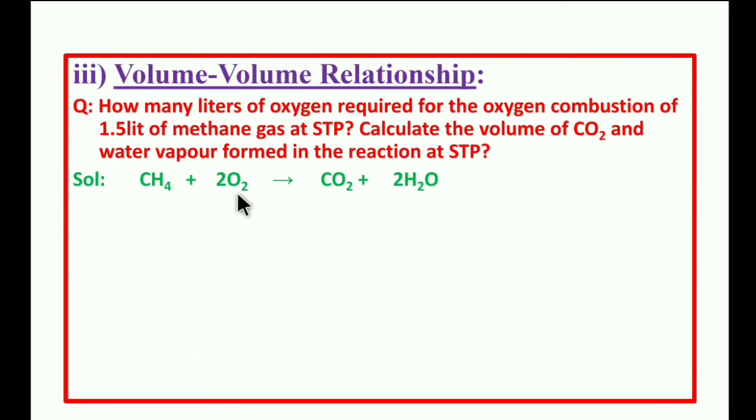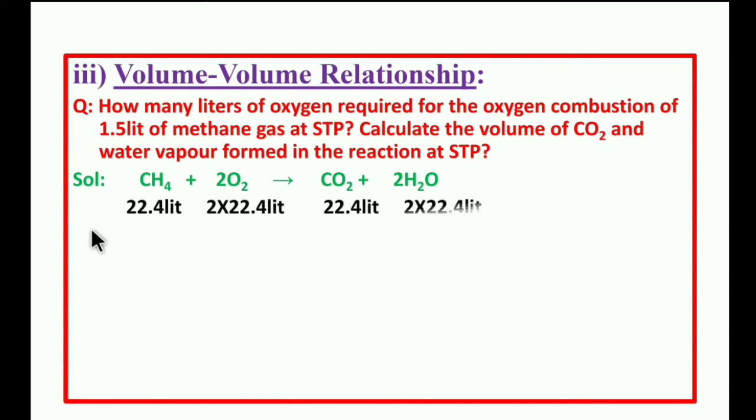Methane on combustion in the presence of oxygen gives CO2 and H2O. First we have to find out how many liters of oxygen are required for 1.5 liters of methane, then how much volume of carbon dioxide it releases, and in the vapor state how much water is released in liters, meaning in volume. That is what we have to find out.